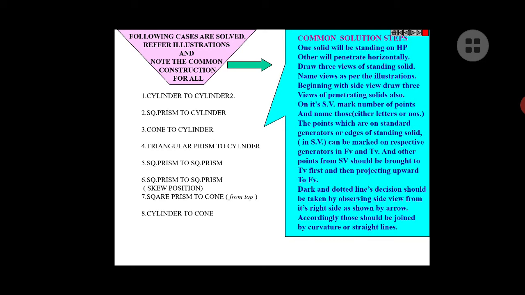So in case of cylinder with cylinder, there is one.